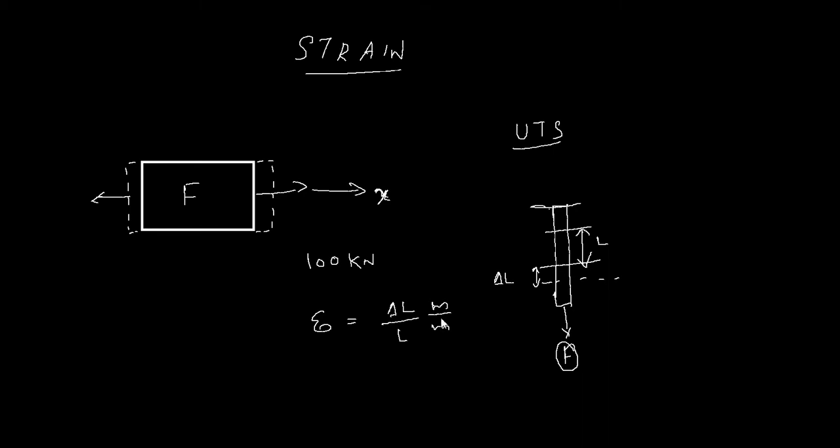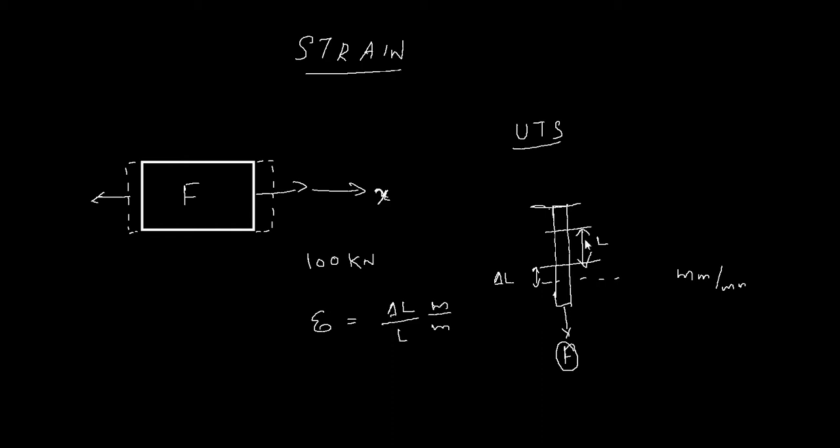Although strain is a dimensionless quantity, we used to specify strain in meter per meter, or millimeter per millimeter, or centimeter per centimeter, etc. Because if the length over which you measure the strain is long, then there could be possible changes to the deformation.